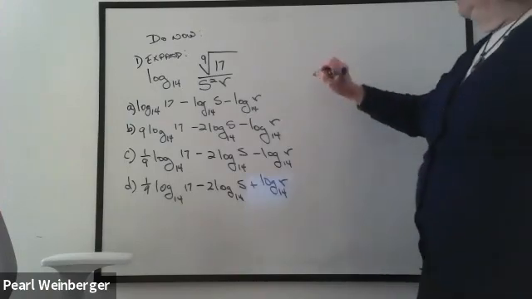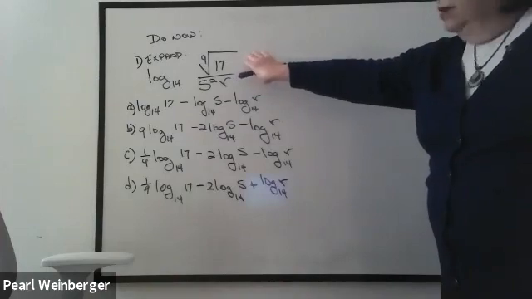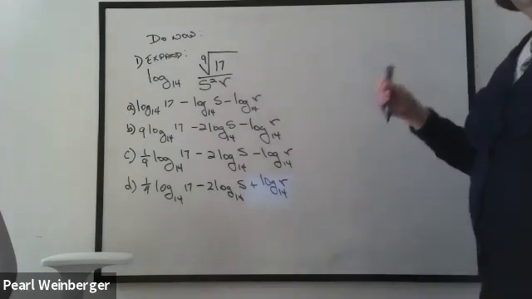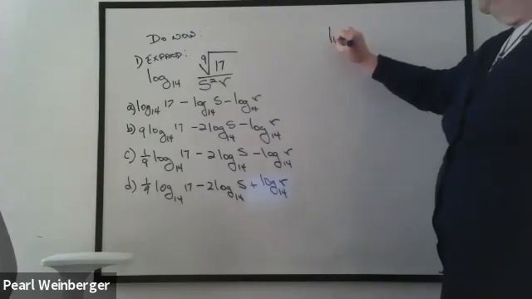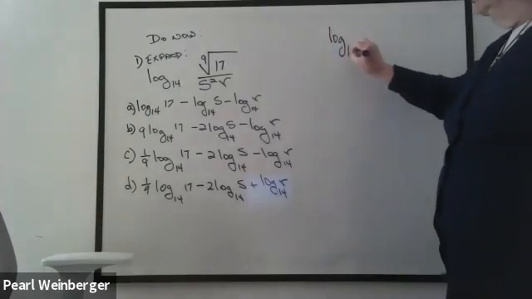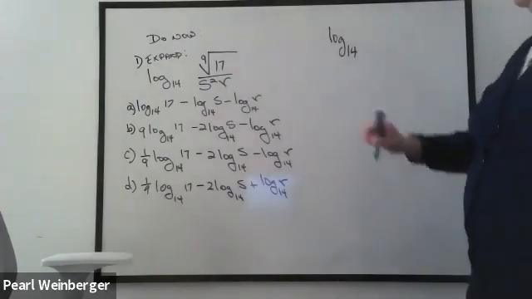Now, if you remember what I said to do, the first thing I indicated that you must do is if you see a radical, you have to replace that radical with an exponent.